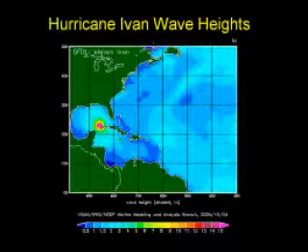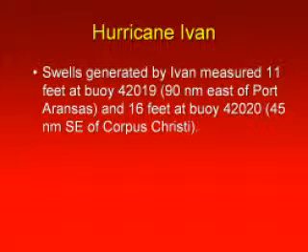Here's a simulation from Hurricane Ivan, illustrating the waves propagating away from the storm and into the northwest Gulf. Swells generated by Ivan measured 11 feet and 16 feet respectively along the Texas coast from the NOAA buoys.